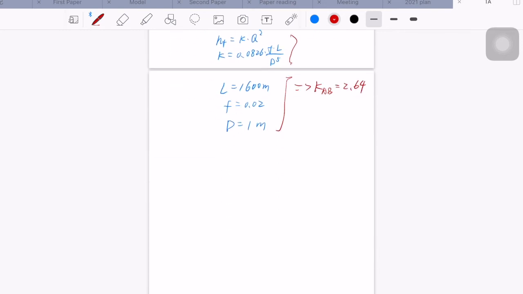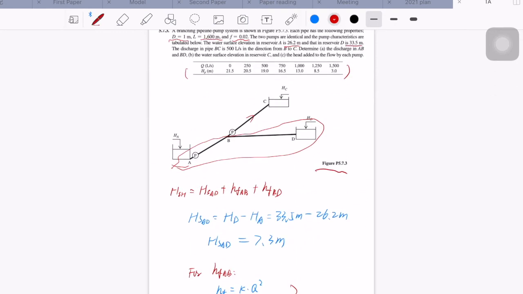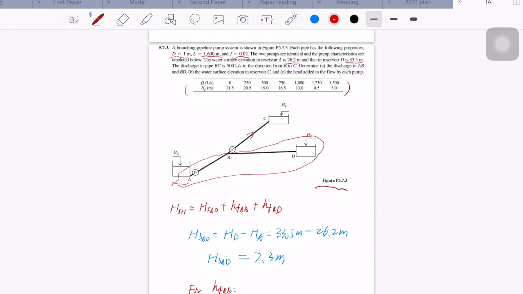And for the HF BD, HF equals K times (Q minus 0.5) squared. We need to know that the discharge in the pipe BD is reduced by 0.5 cubic meter per second after the junction.